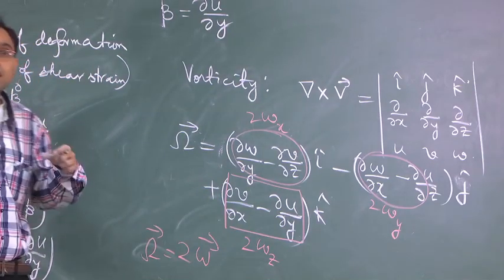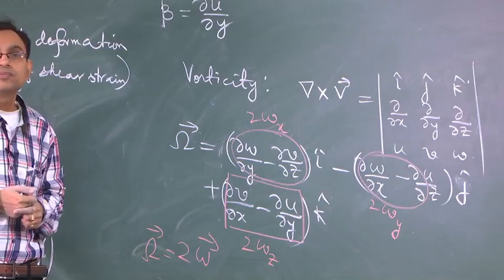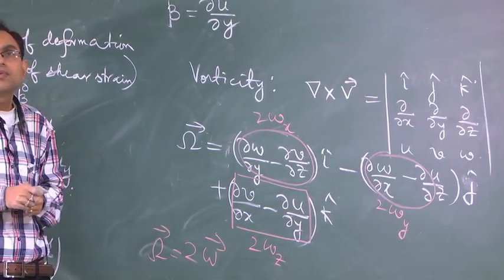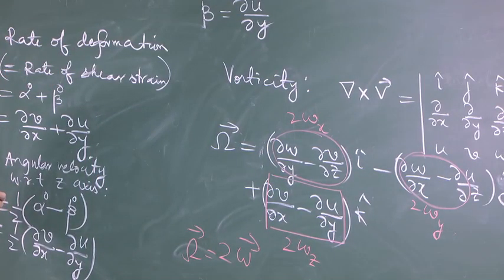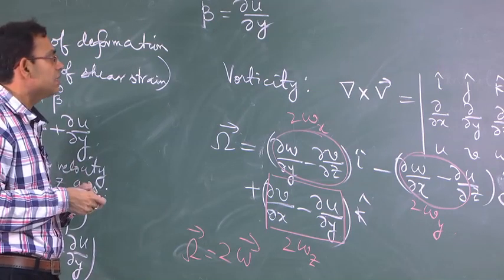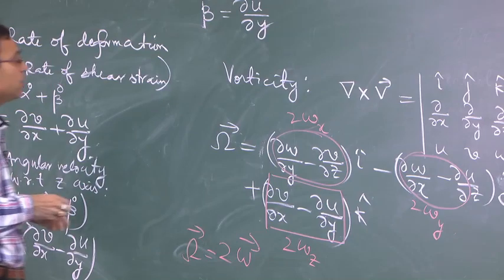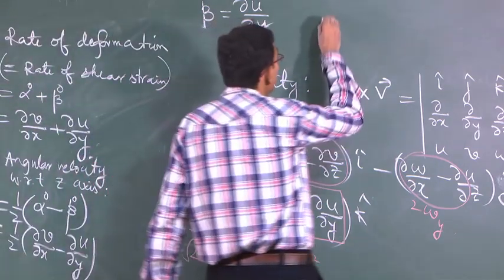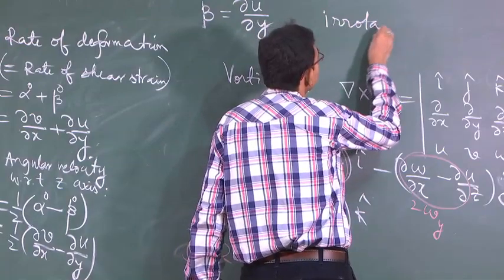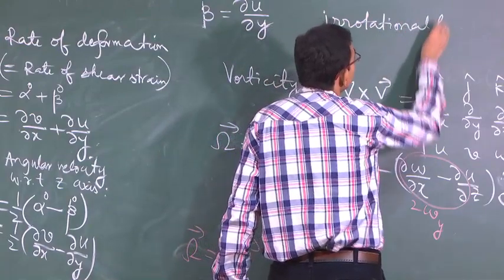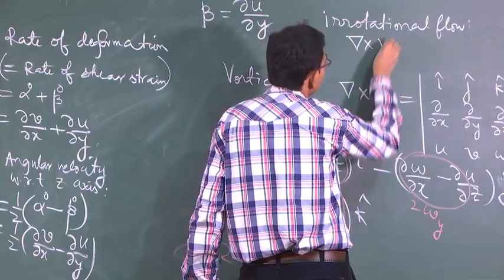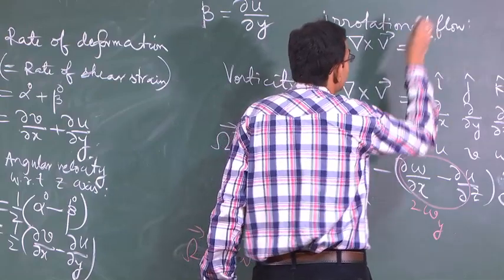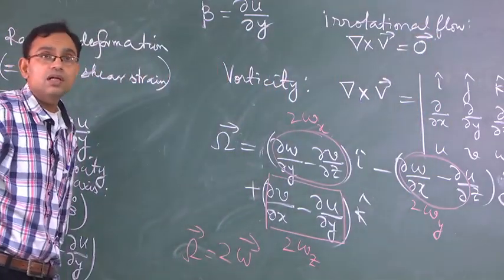So, vorticity physically means rotationality in the flow, and the rotational elements in the flow are called vortices. There are situations when there is no rotationality in the flow, and that is called irrotational flow. So, in irrotational flow the vorticity vector is a null vector, there is no rotationality in the flow.